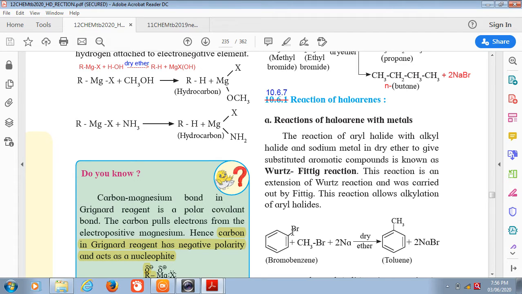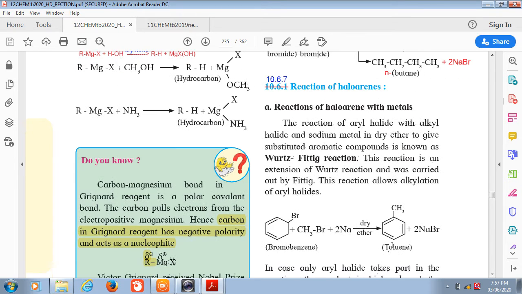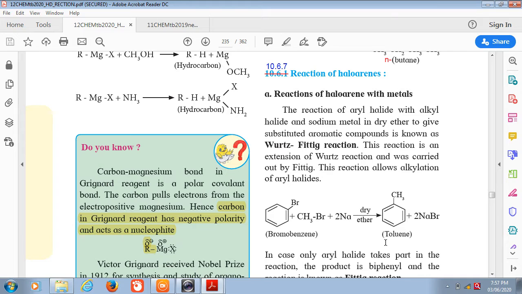So the Br from both this alkyl and aryl halide reacts with sodium to give 2NaBr, and this alkyl group methyl reacts with the benzene ring and it will produce C6H5CH3, and the product is methylbenzene or toluene. So here in your product alkyl and aryl groups both are present, so that's why the name is Wurtz-Fittig reaction.